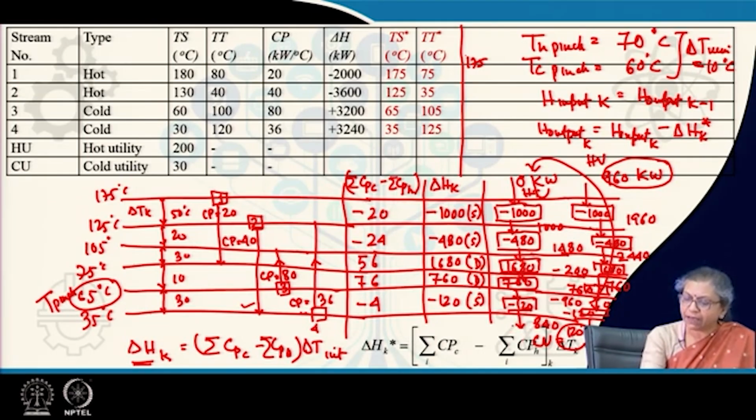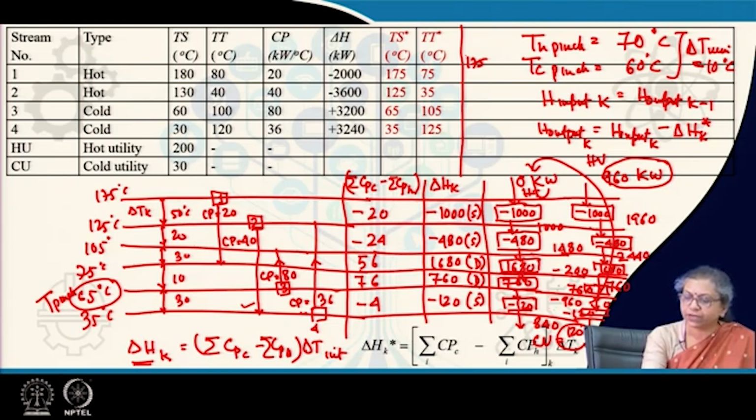So first I try to find the heat flow with 0 hot utility, and whenever I find something negative, I know that is not feasible.